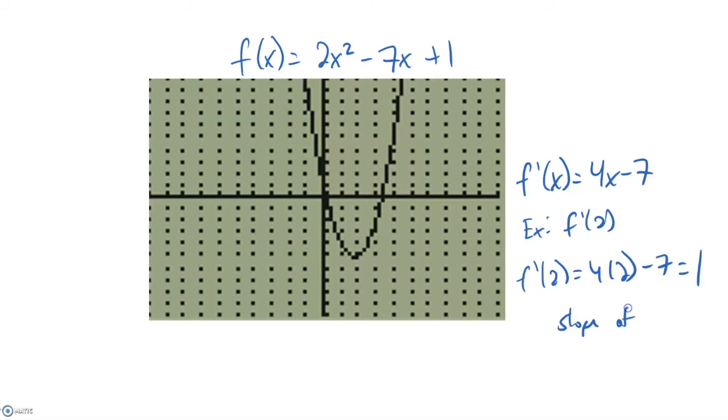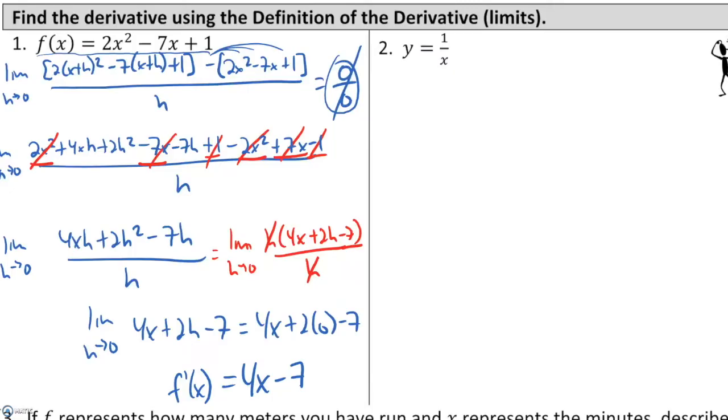I would say that I have a slope of 1 at x equals 2. If I go to x equals 2 and use these dots to approximate a line with a slope of 1, it definitely seems reasonable that this could be the tangent line at that point, and that is what this function is helping us describe.